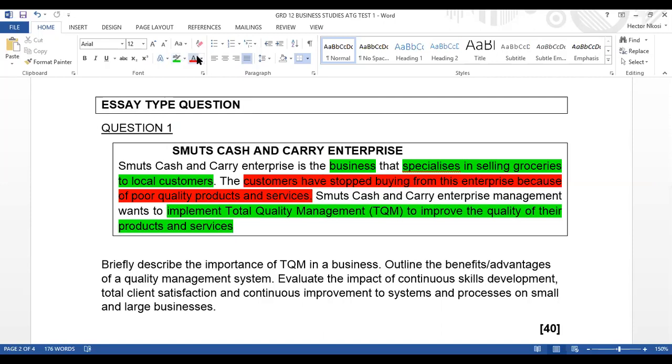And here I was supposed to use yellow for the statement of what they are selling, basically. So here it was supposed to be yellow, the nature of the business and what they are specializing in. So by now you see that your yellow is the statement.